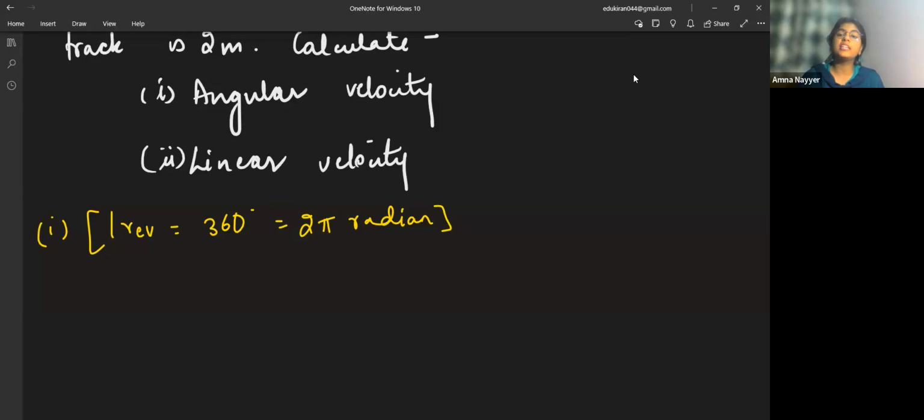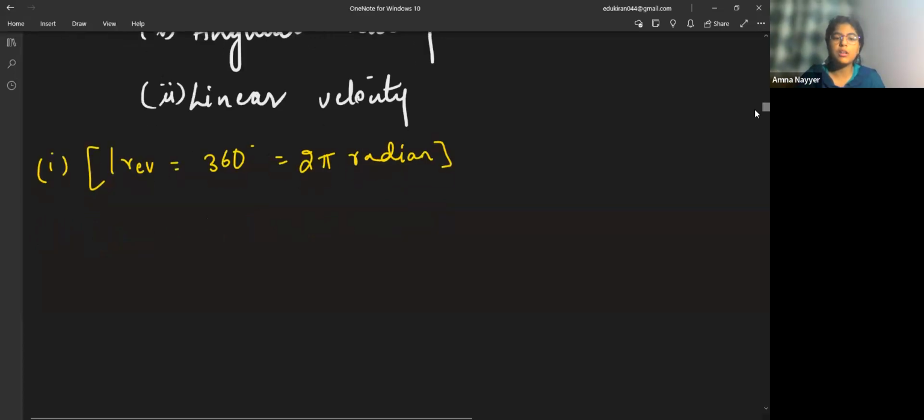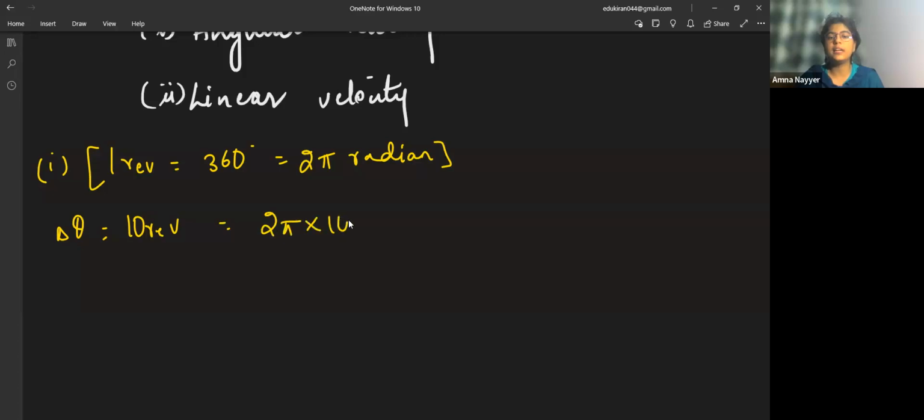Now, if you have 10 revolutions, what is delta theta? For 1 revolution it is 2 pi radian, so 10 revolutions become 2 pi into 10 radians, that is 20 pi radians. What is omega? Omega is change in angle by change in time.